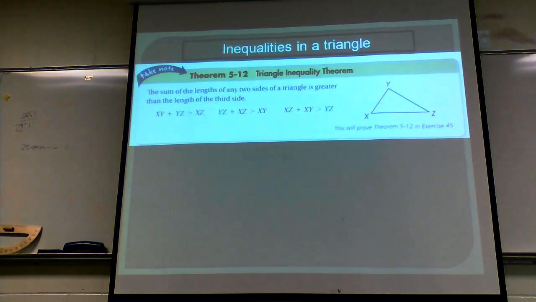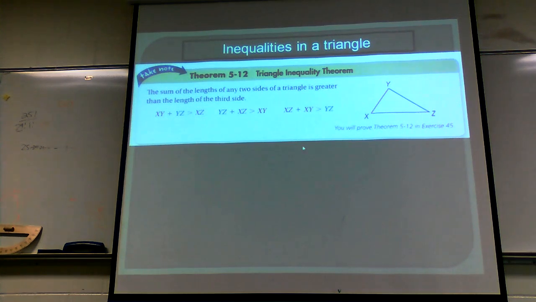The most basic one would be, I'll give you 3 numbers, like 3, 6, and 8, and I'll simply ask, would it be possible for me to draw a triangle with side lengths that are these 3 numbers? And you would have to go back and use this theorem to test that.